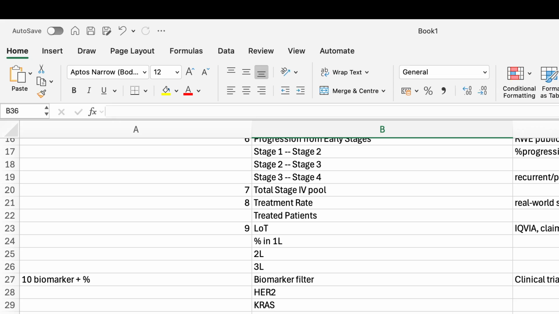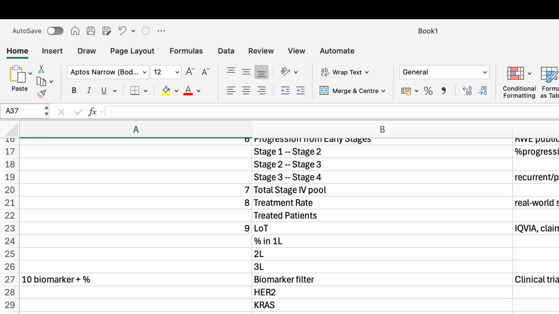This helps us calculate patient-years on therapy. Then, because results come at ASCO, we must build scenarios after we are done, right? So we make three scenarios basically.